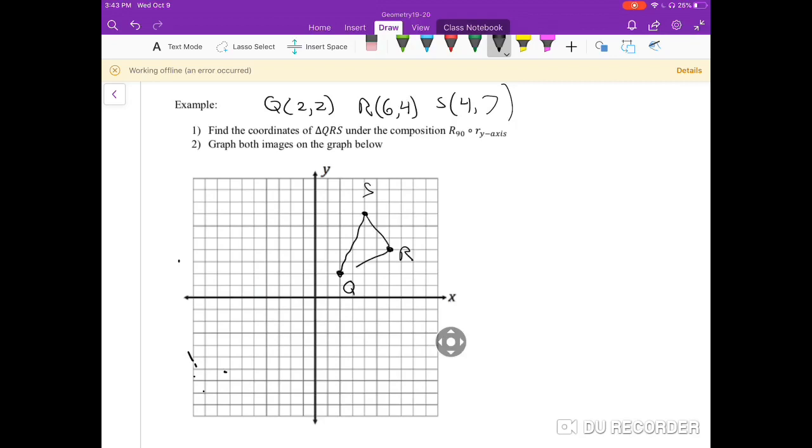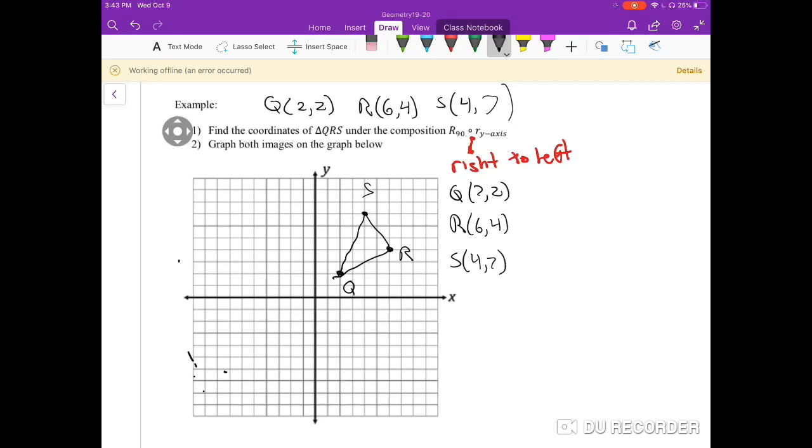Again, I see this symbol for composition, that little open circle. That tells me I must work right to left. So I'm going to list my points out. This is where, in those last couple videos, I made you list out all the points, because it makes organizing my information much easier.